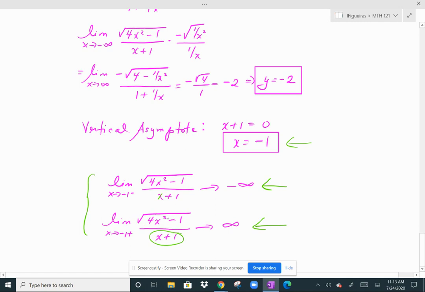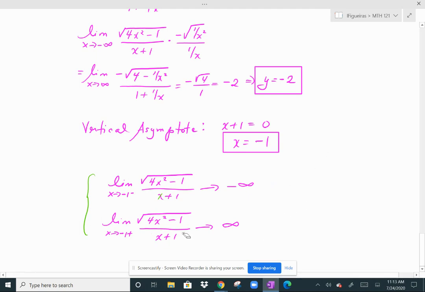So the radical over a number close to negative 1 from the right would be something like negative 0.9999. And so negative 0.999 plus 1 gives you a small positive number, and a number on top divided by a small positive number blows up, becomes a very large number, so we get infinity.